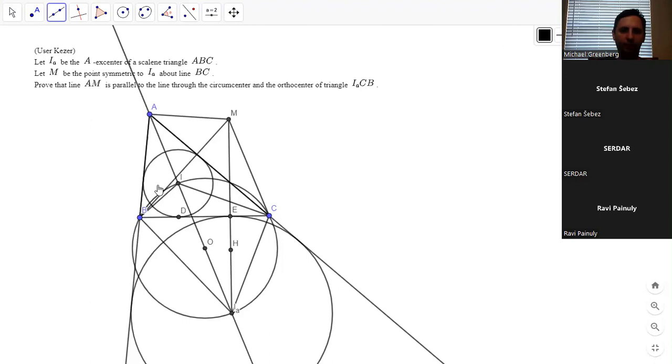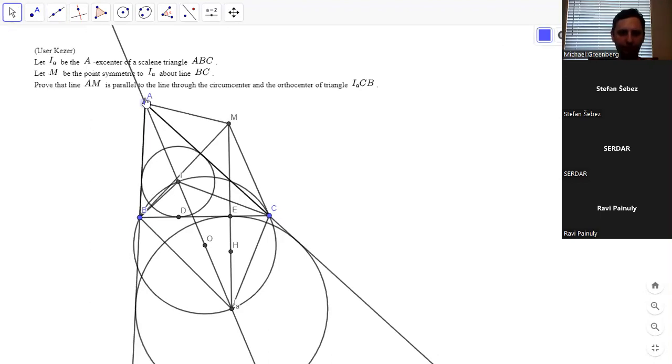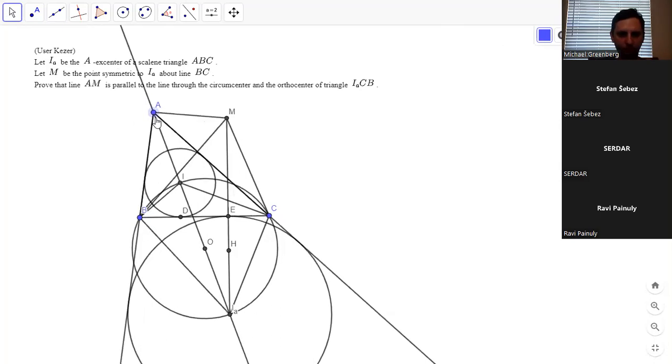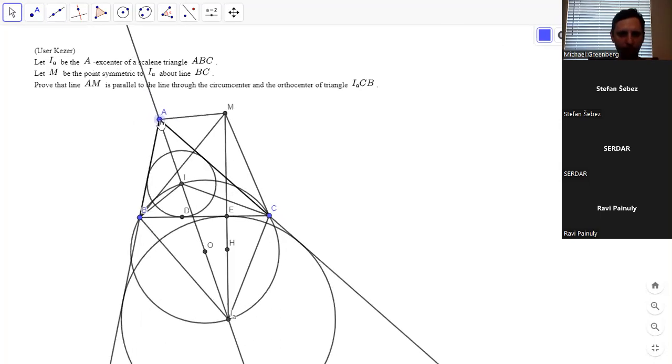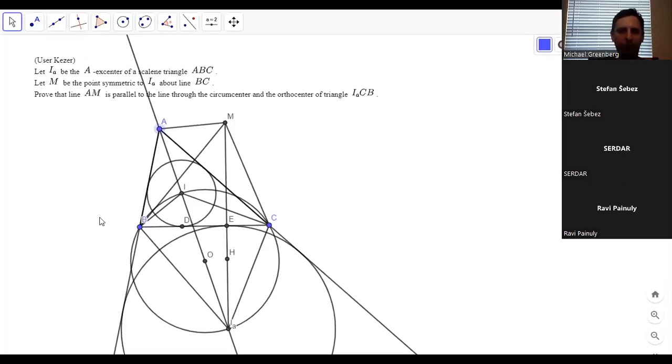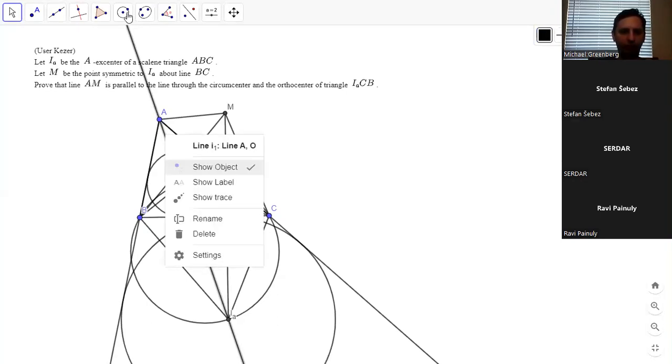I'm guessing that's obvious because these are isogonal. O is the midpoint of arc ABC. Yeah, okay. So yeah, that is obvious.